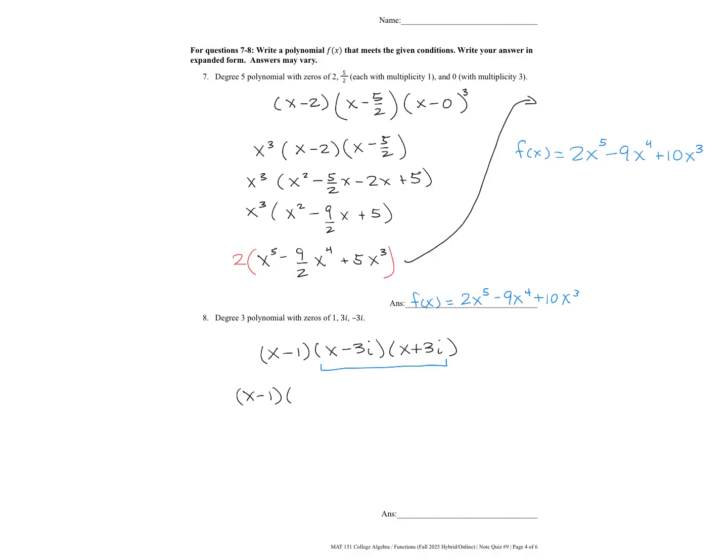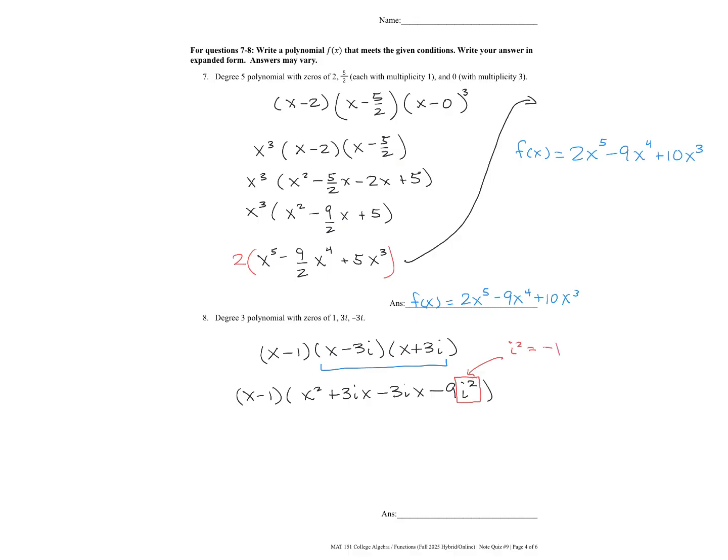Inside the multiplication, we've got x squared plus 3ix minus 3ix minus 9i squared. And if we think back to before, remember i squared is the same thing as negative 1 because i is just the square root of negative 1. I said negative 1, but I sure didn't write it.